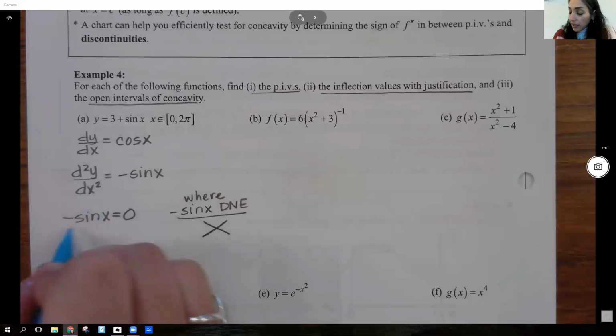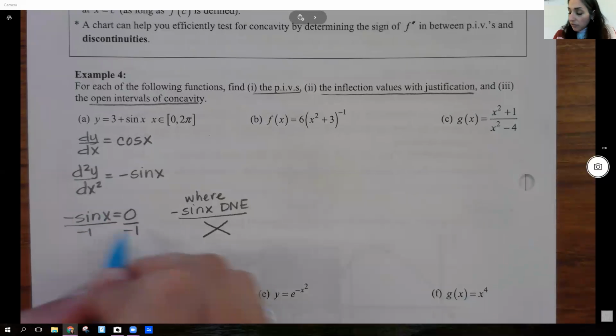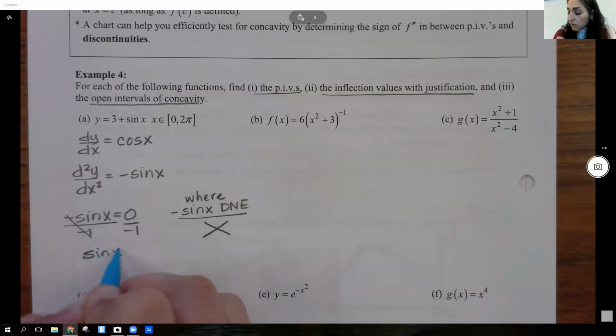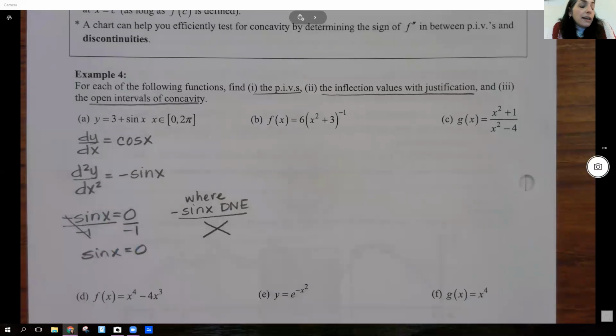The other part is figuring out where it equals 0. So to get rid of the negative, you could just divide both sides by -1. And now we have to think unit circle time. Where does sine equal 0 on the interval from 0 to 2 pi?